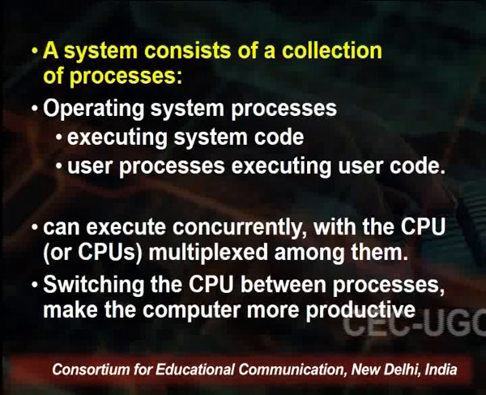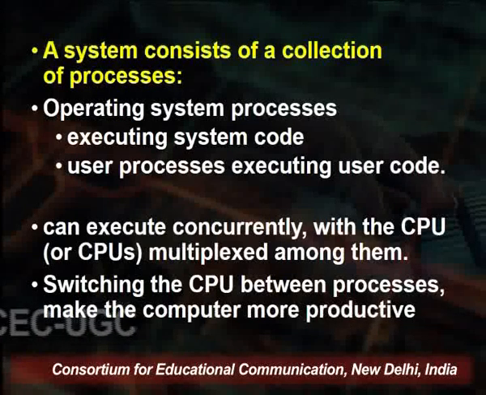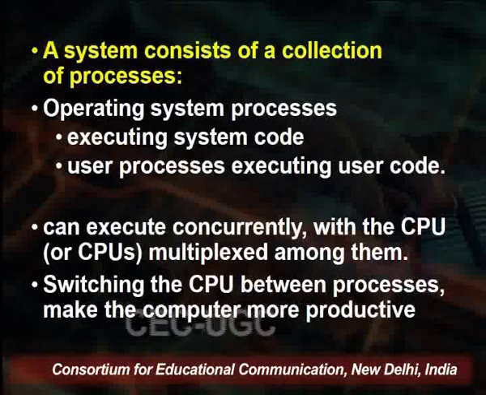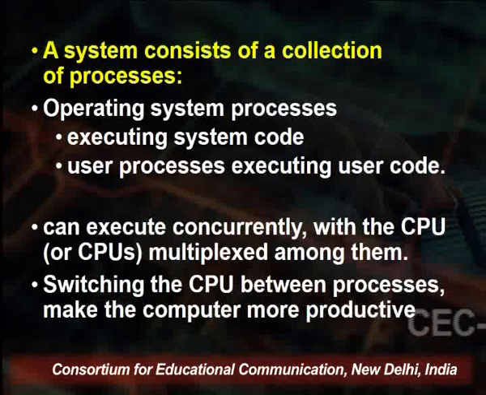Now, if we want to see the process in detail, as far as the structure of the process is considered, let's see what actually the process is. So, the operating system considers something as a process with at least two entities. One is the executing system code, and another one is the user process, which is executing the user code.